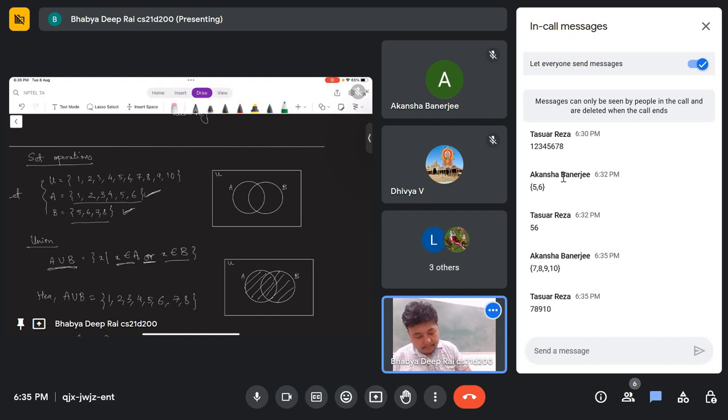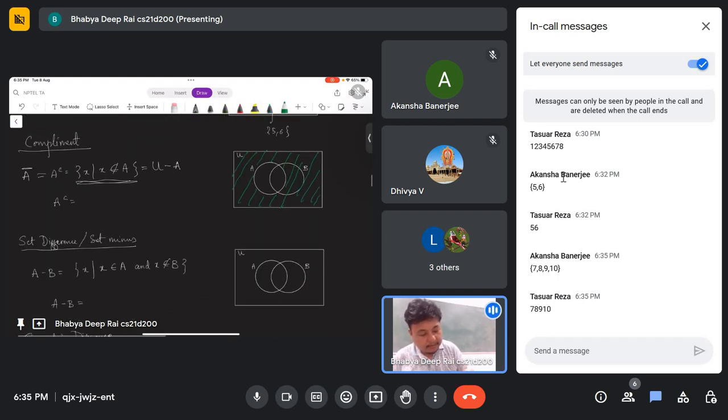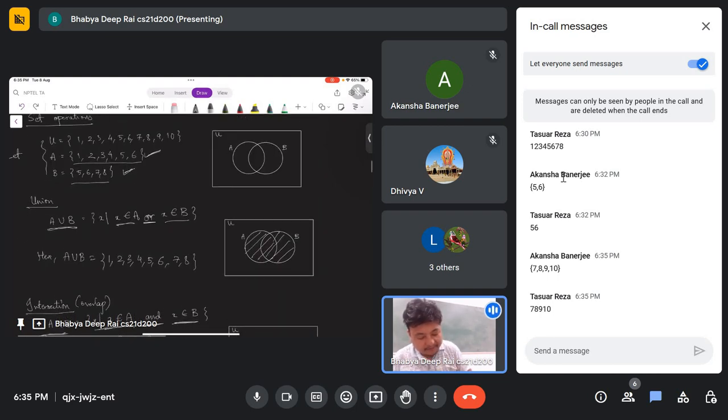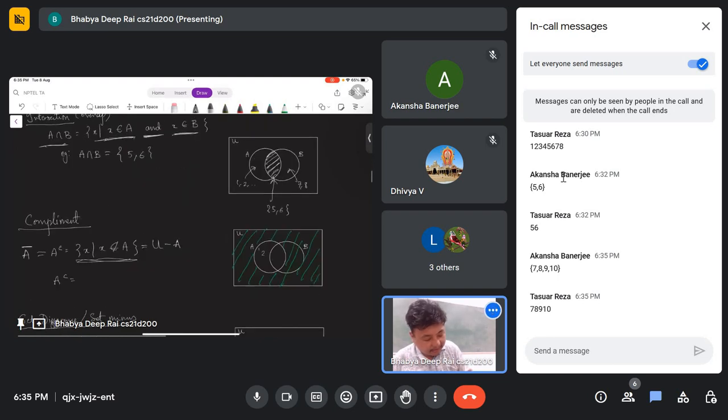So if you look at the Venn diagram, 1 2 3 4 5 6 all live inside A. And the remaining 7, 8 stay here, and 9, 10 stay here, and so on.